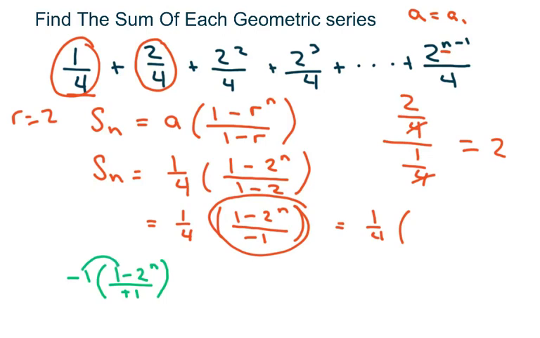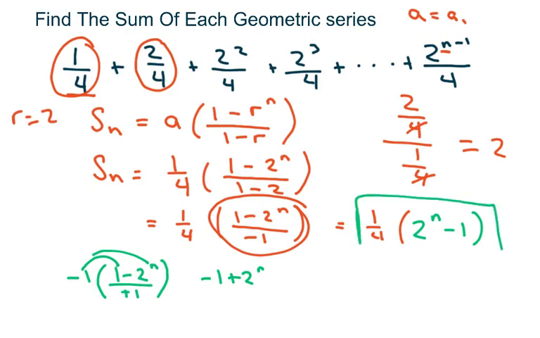And when you multiply these two, you're going to get -1 plus 2 to the n. So this is going to be 2 to the little n minus 1. So basically I'm just pulling out a negative and making it positive down here, and it makes it a nicer looking sum.